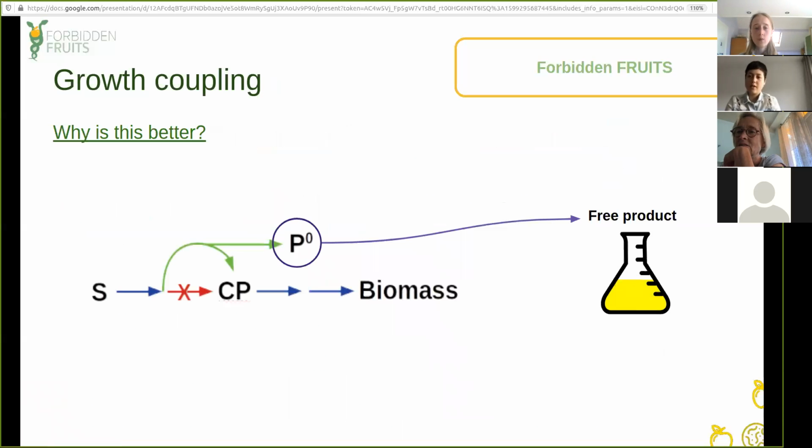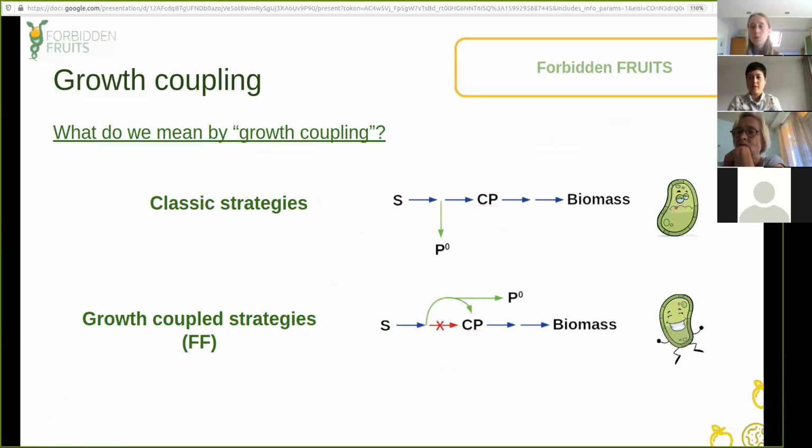Well, that's actually what we are doing. So what you were mentioning is sort of the classic strategy, that indeed it's not needing the product for growth, but in the way which our algorithm predicts, we remove the way for the cell to grow only while consuming the food, by eating food and growing.